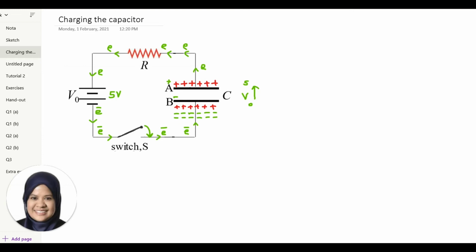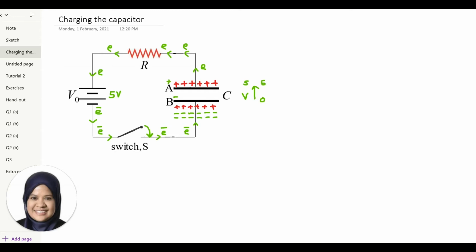So the voltage across the capacitor pun akan semakin bertambah. Okay, bila voltage pada bateri dah sama dengan voltage pada kapasitor, so apa berlaku? Ini saya kata VC lah. Okay, ini VC, so daripada 0 hingga 5.